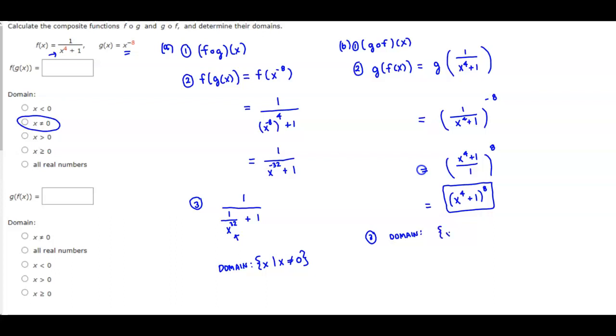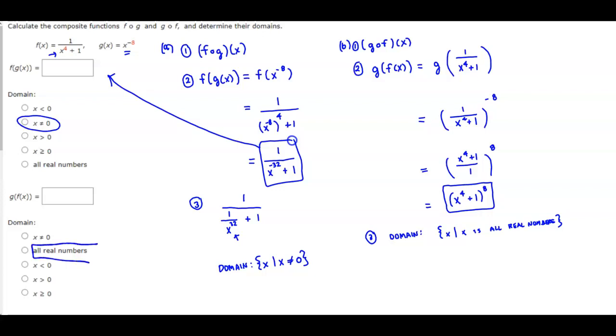So that would mean x such that x is all real numbers. So here's our solution for that, and then we have our domain, and then we have our next solution, and then the domain here is all real numbers.